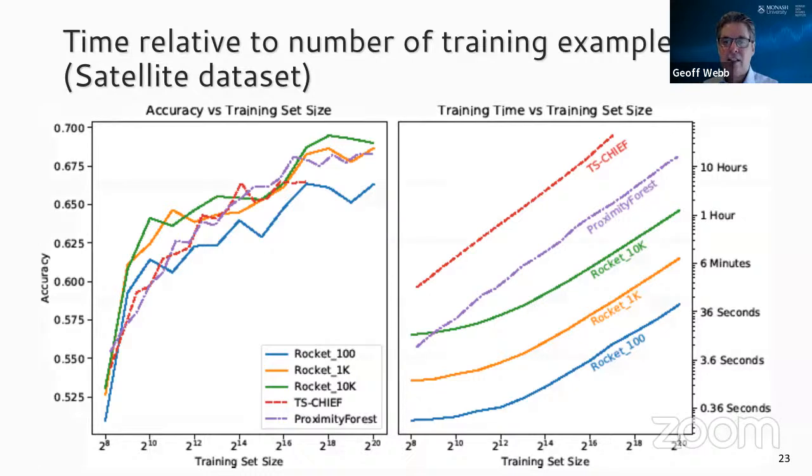Rocket did indeed prove to be highly scalable. What I'm showing here on the right is the training time as you increase the training set size. This is the same 1 million observations from the satellite data set. We present the times required to learn from this by Rocket with 100, 1,000 and 10,000 filters.